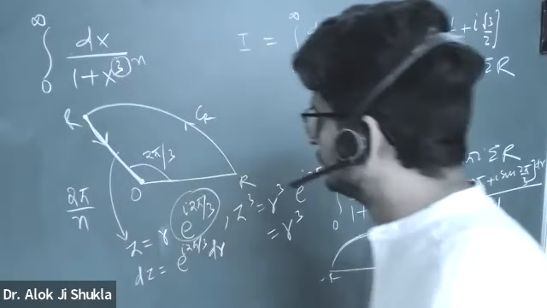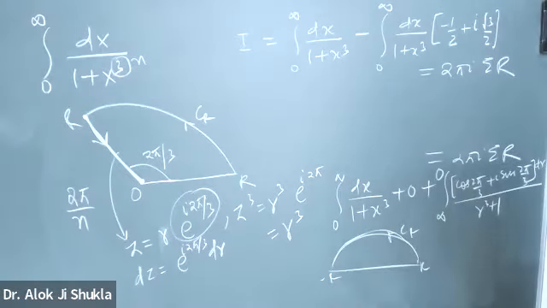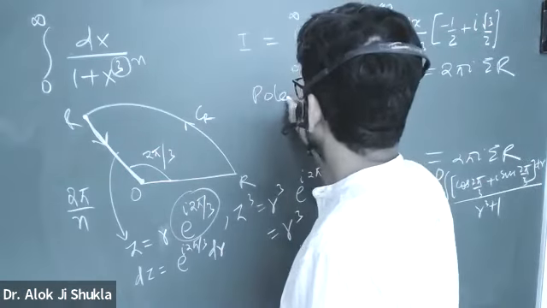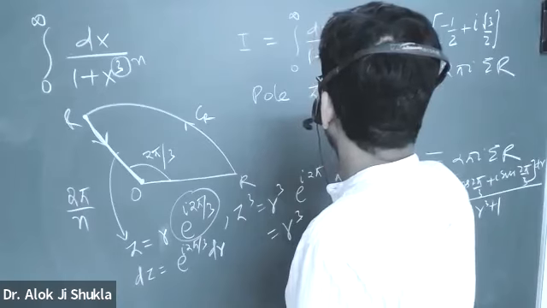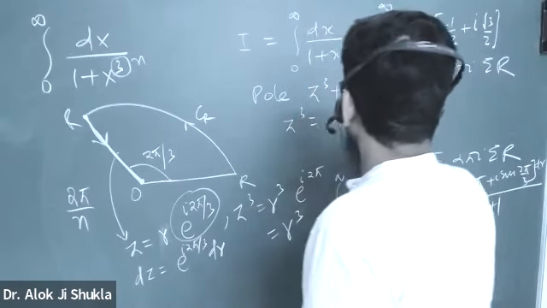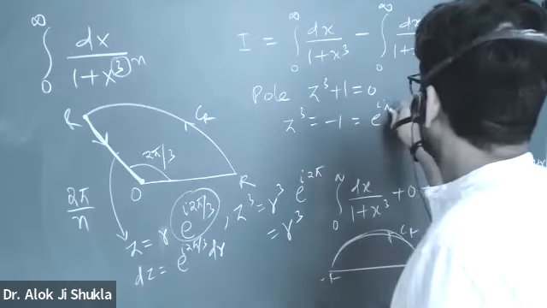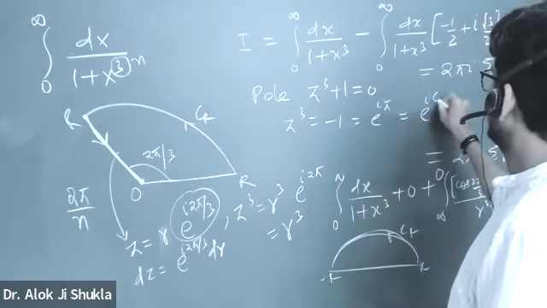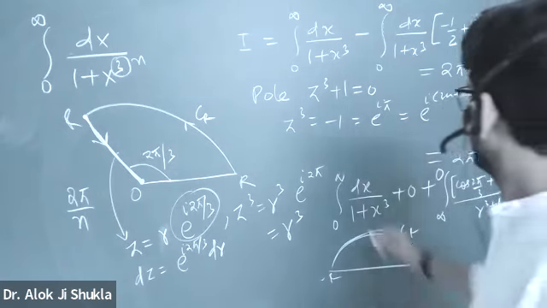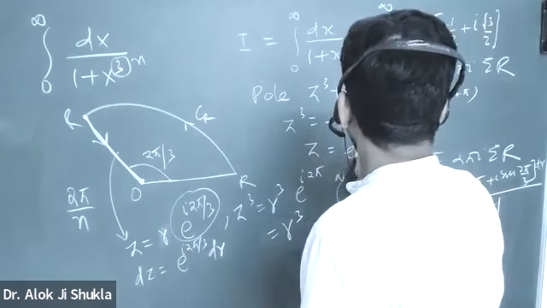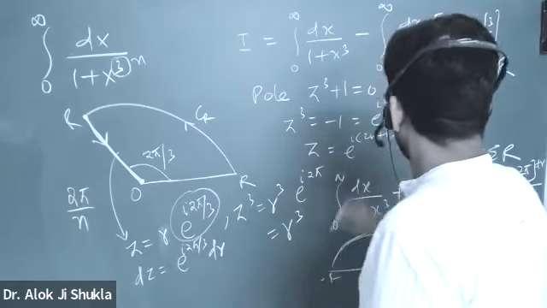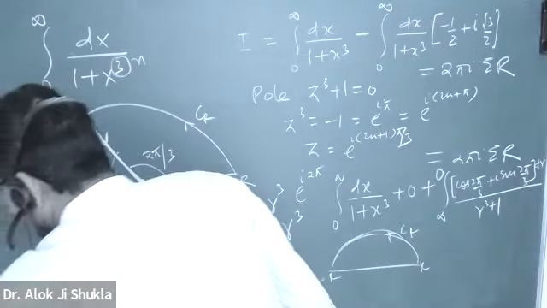Now what is the residue? So first of all, get the poles. That is z cube plus 1 is equal to 0. So z cube is minus 1, which is e to the power i pi, which is e to the power i 2n plus 1 pi. So what is z? It is e to the power i 2n plus 1 pi by 3, correct?